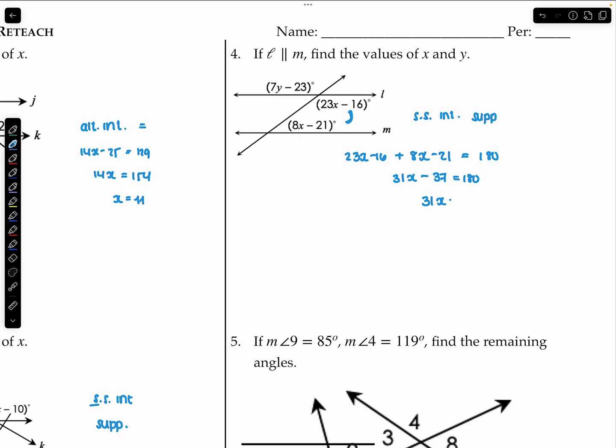So 31x is equal to 217, and so x turns out to equal 7. Same story, I would actually plug into both of these angles now. So 23, this gives me 145, and so this one has to be 35 degrees.